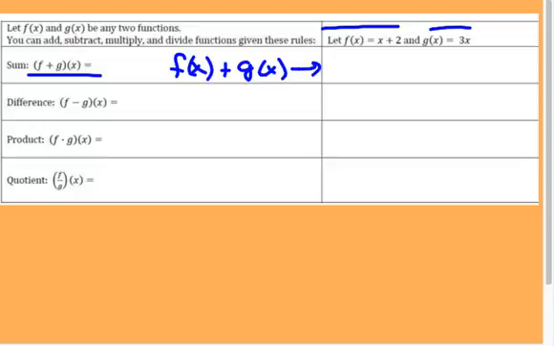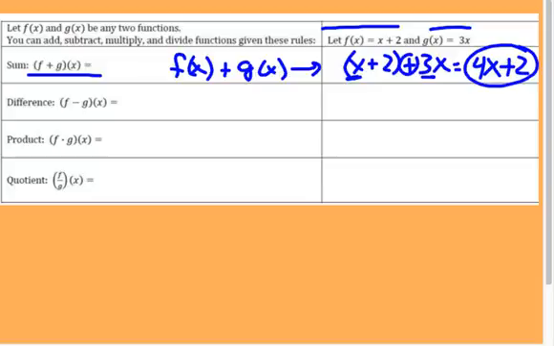So f of x plus g of x: f of x is x plus 2, plus g of x, which is 3x. Well, it's addition, so you can drop the parentheses and combine like terms. x plus 3x equals 4x, and then you have the plus 2. So this would be f plus g of x.